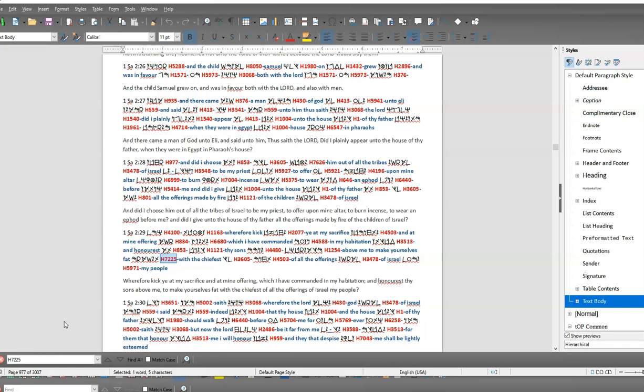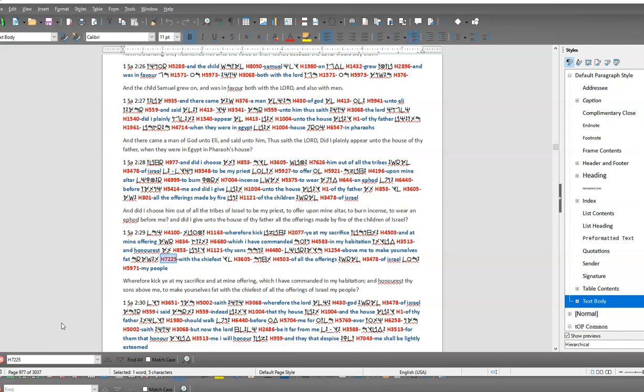So the English says, "Wherefore kick ye at my sacrifice and at my offering, which I have commanded in my habitation, and honorest thy sons above me, to make yourselves fat with the chiefest of all the offerings of Israel my people." In that phrase, the chiefest of all things, that is mereshit.